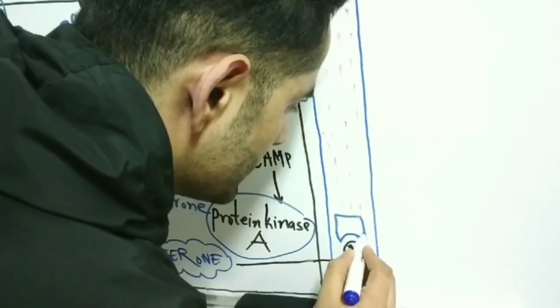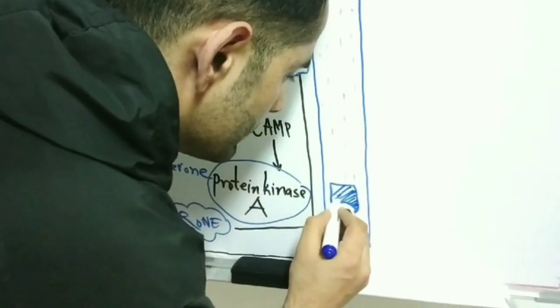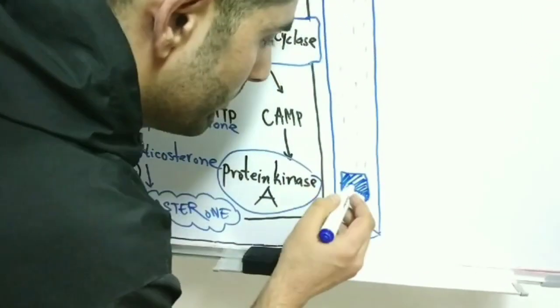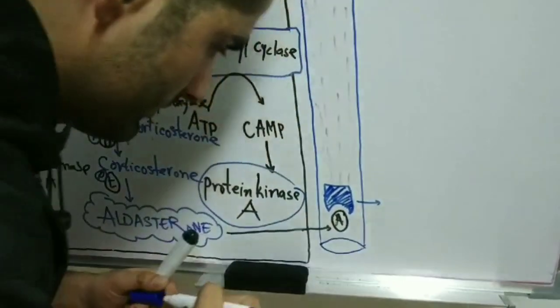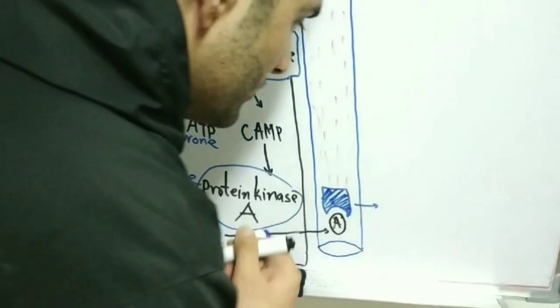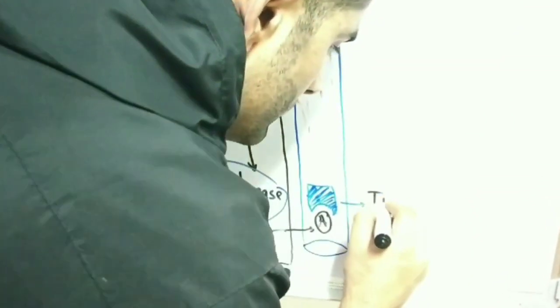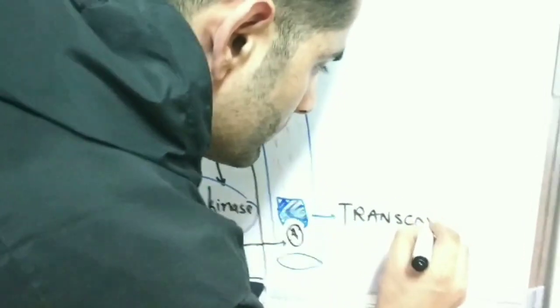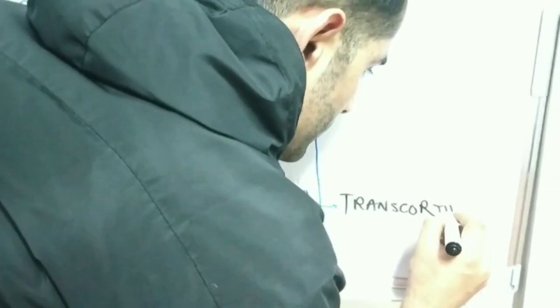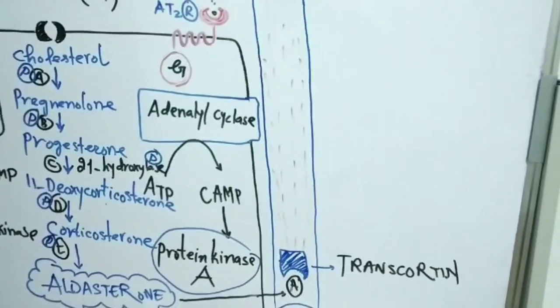Suppose this is the plasma protein which can bind to the aldosterone, known as transcortin.